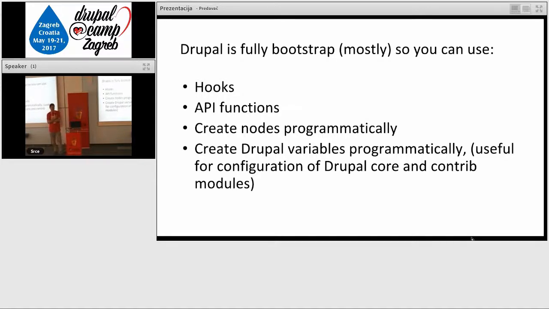So stuff you do when you install a contrib module and you do some configuration with your GUI interface, when you save the form, it gets saved into a Drupal variable. So in your installation profile, you can use variable_set and save these variables programmatically, so you can mimic what these forms would do.